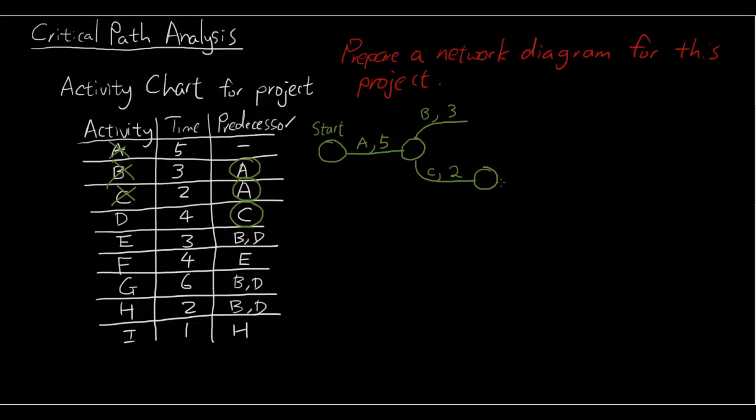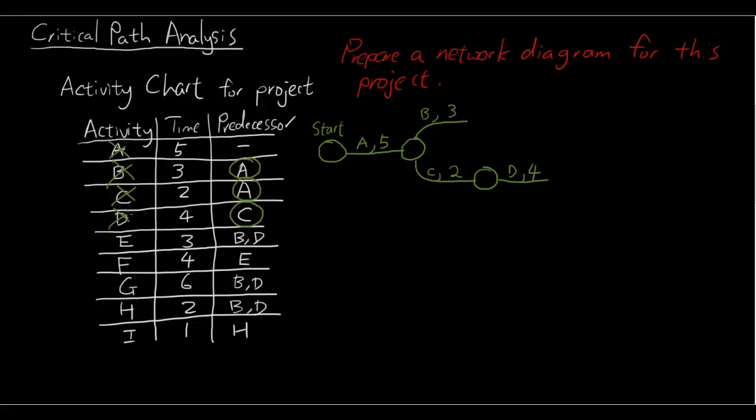So we draw a node representing activity D is starting. So basically, every time you finish an activity and you're going to start another activity, you need to draw a node. So the node represents the ending of an activity and the starting of the next activity.